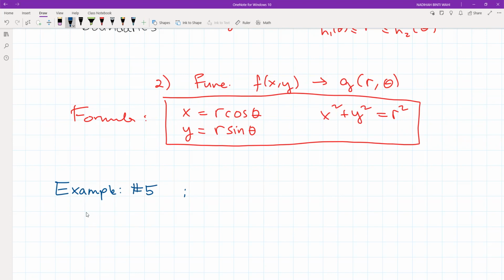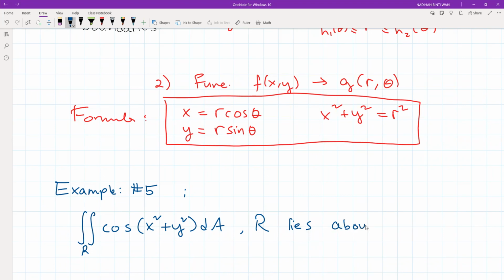Okay, the original integral, cosine of x squared plus y squared dA, and then R lies above x axis, macam above x axis ke above xy plane, dia tak jelas ni, within the circle x squared plus y squared equals to 9.